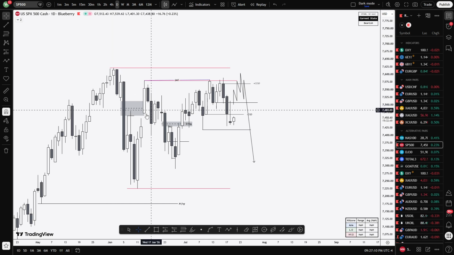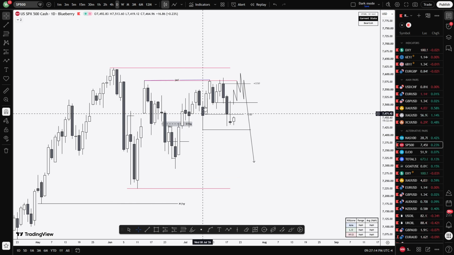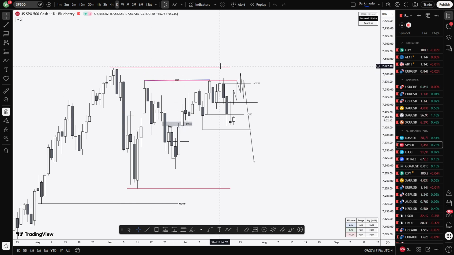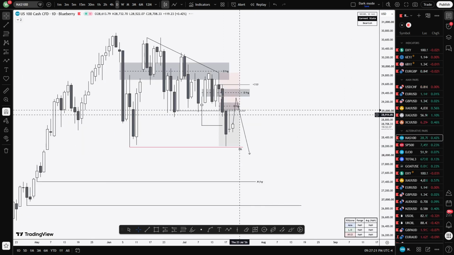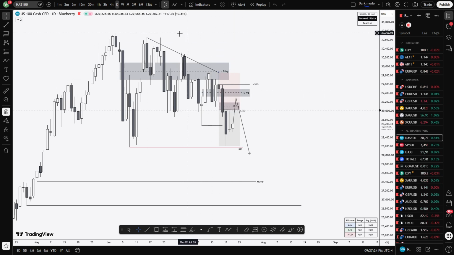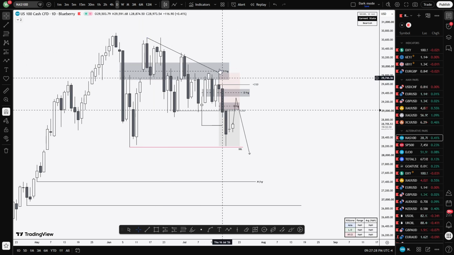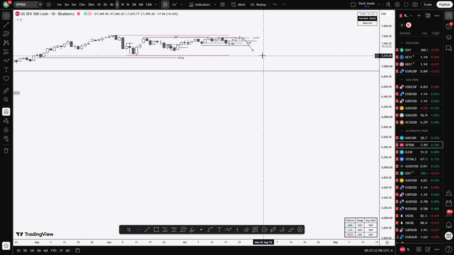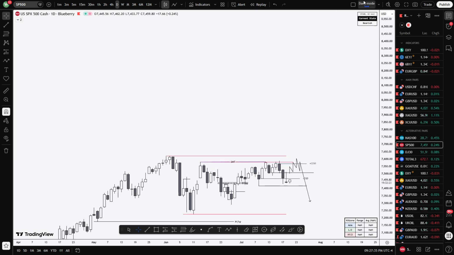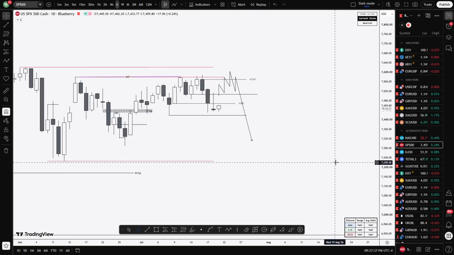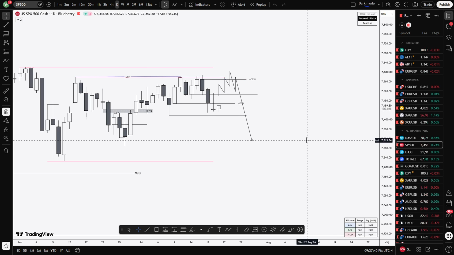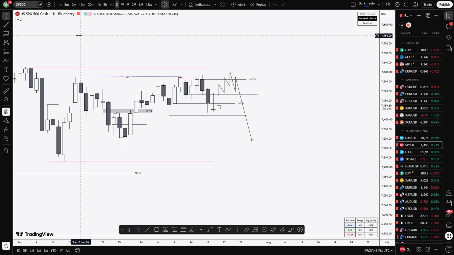So that was what I was looking out for. I needed to see price sweep this high or this high as well, and I wanted to see one of them fail to sweep. So this one has failed. It means this one is weaker. So instead of trading the S&P 500, I'll be trading the NASDAQ.